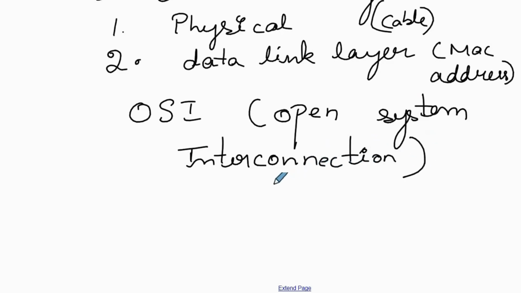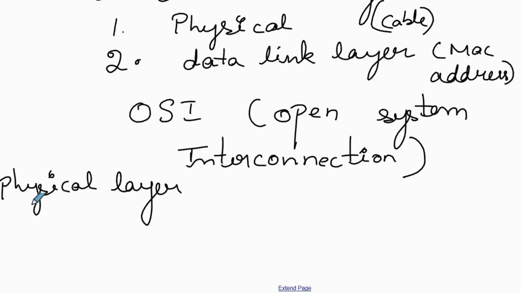The physical layer consists of the following components: cabling and devices.